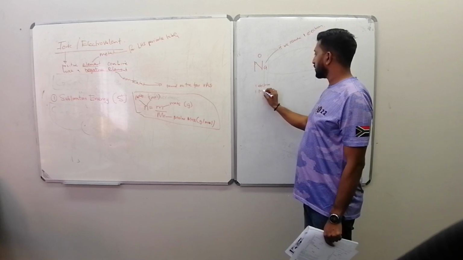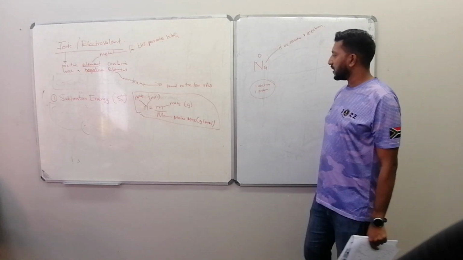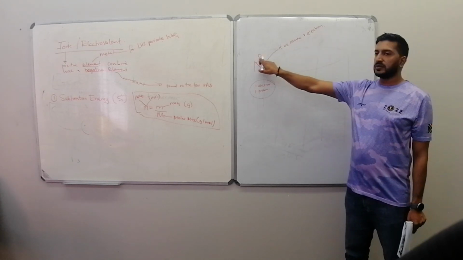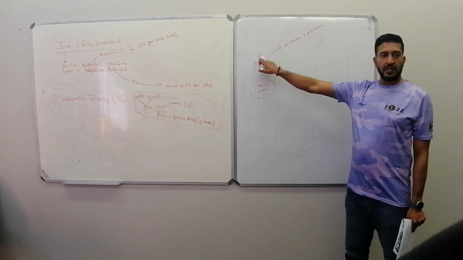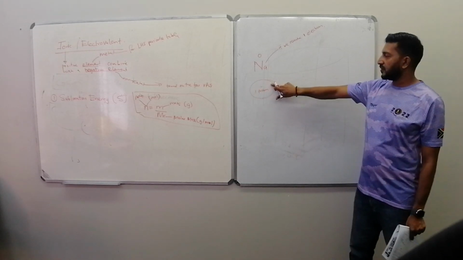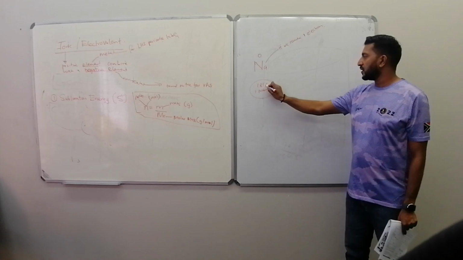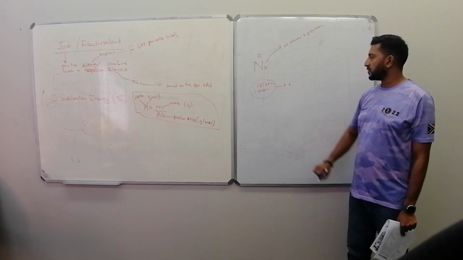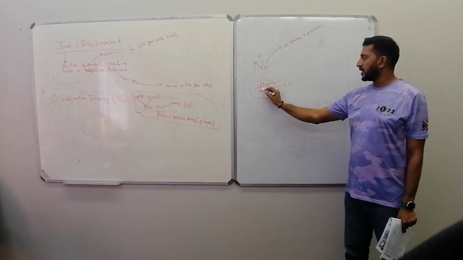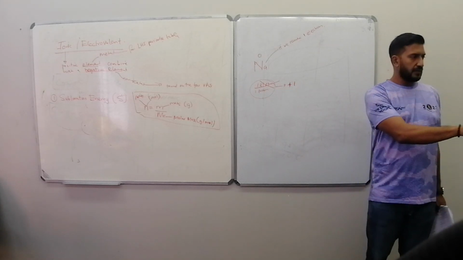How many protons? 1 proton. So if we remove 1 electron, what's going to be left? Positively charged. Yeah, that's what's happening. So we got 1 electron, 1 proton, and this is equal to 0. Now we're removing this, so no longer neutral, it's going to go plus 1. Is everyone with me? Yeah.